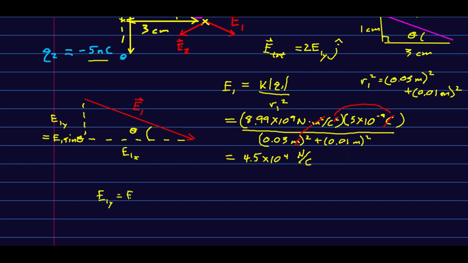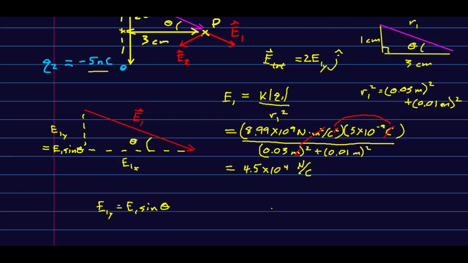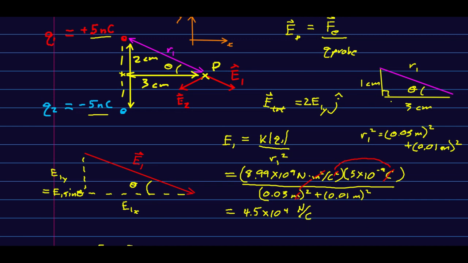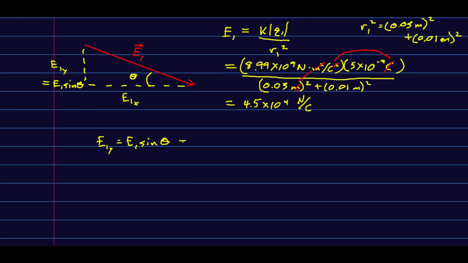Now, E1y. E1y is just E1 sine theta. Now it's tempting, we could come up here and use this triangle to get theta by doing inverse trig and then plug that theta into the sine theta, but that's too much work. Look, sine theta is just opposite over hypotenuse. We know the opposite and we know the hypotenuse. So we can just use that.